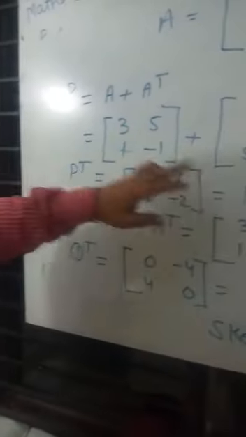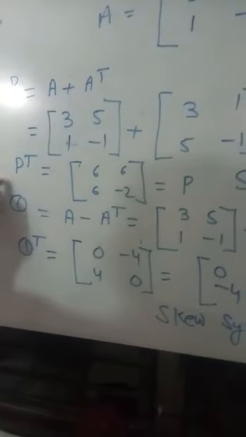Now P is the symmetric matrix and Q is the skew symmetric matrix.